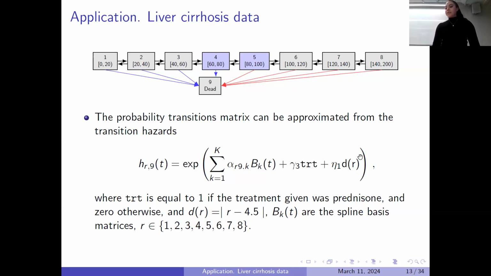Also, we have that variable, DVR, and then we have the treatment effect, and then we have time with some splines. I don't know if you are familiar with splines. Basically, what splines do is give us a bit more flexibility with the form of the hazard.